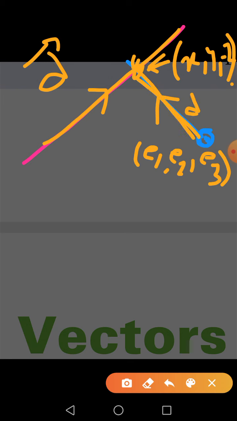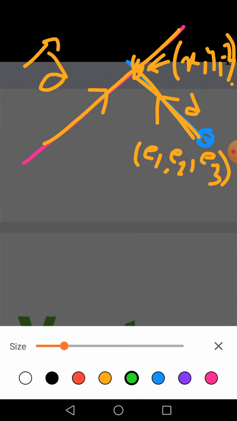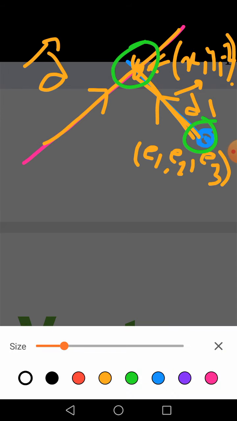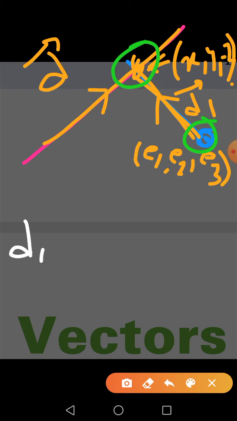As we have seen a few moments ago, the direction vector would be the difference in the coordinates of the two extreme points of the line. So let the direction vector here be d1. Since the two lines are perpendicular, what was the formula for the dot product? Do you remember?